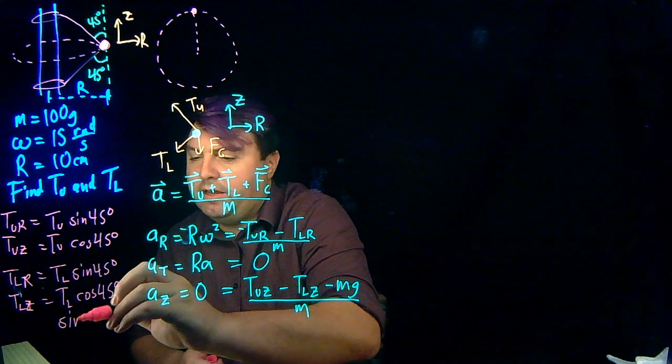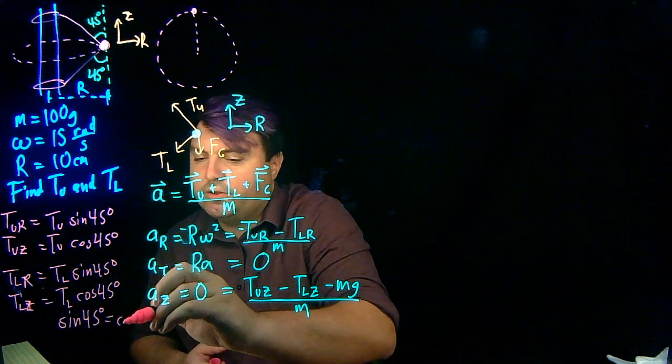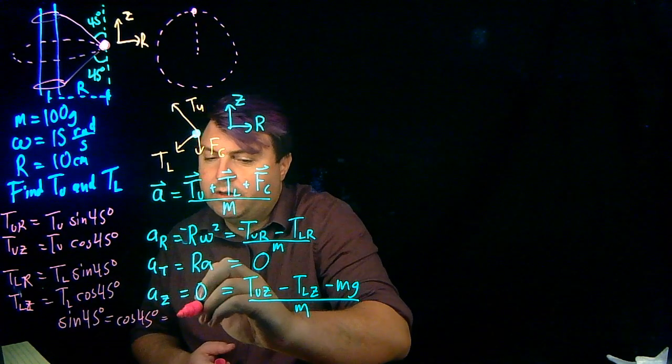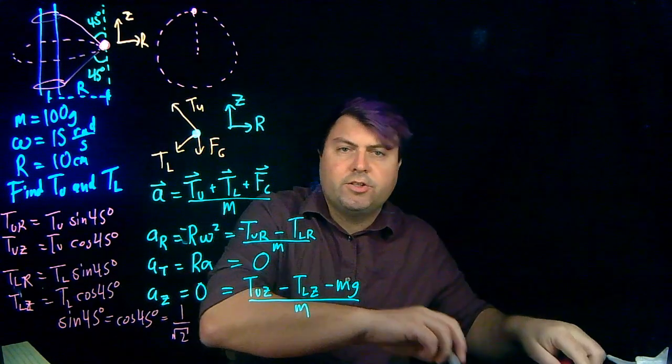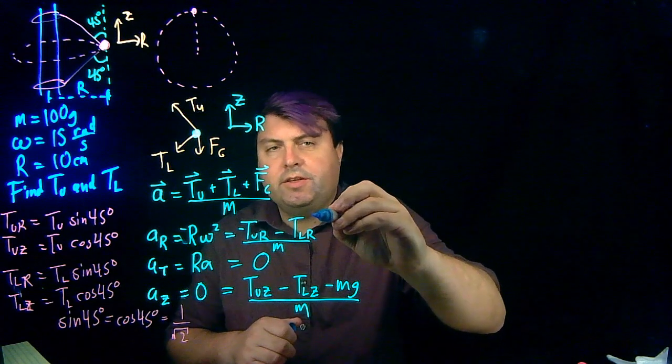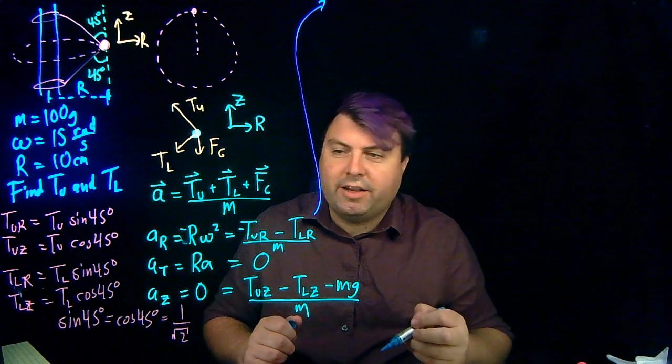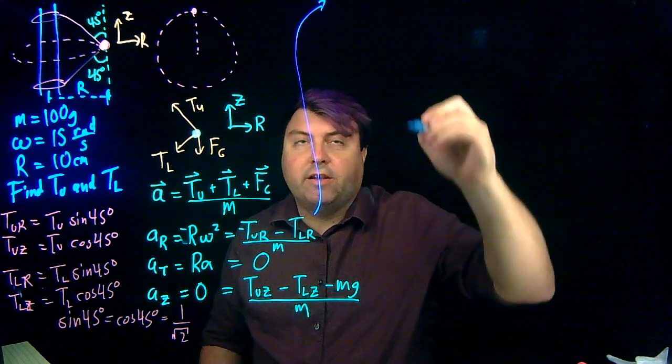In fact, sine of 45 degrees equals cosine of 45 degrees, which is equal to 1 over square root of 2.